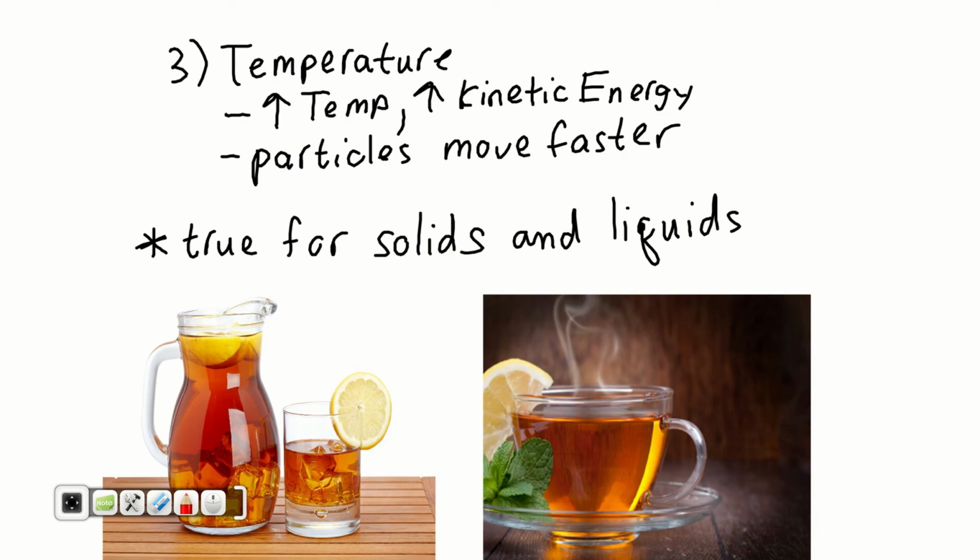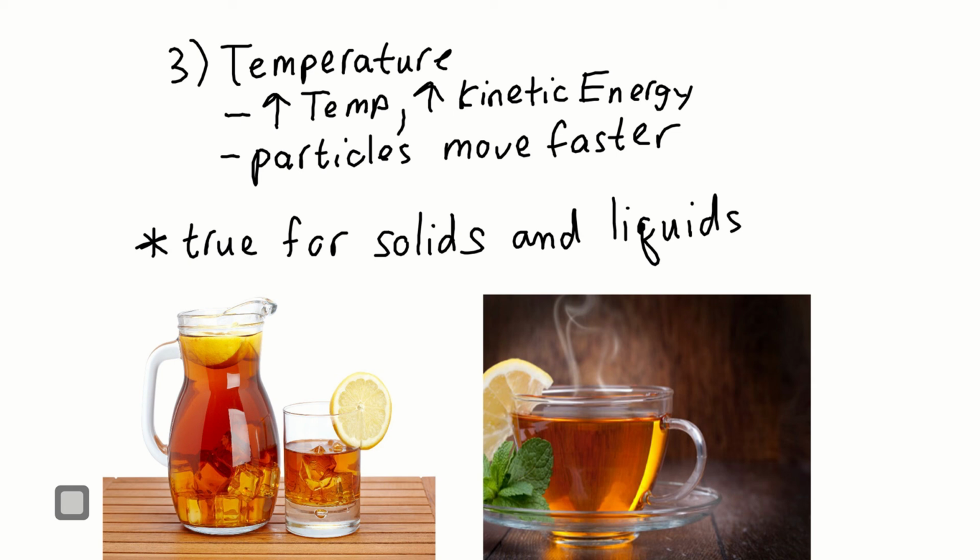Temperature. This is one that we're going to talk about a lot more in another video. Temperature plays a major role in how well things dissolve. With temperature, it's sort of like the agitating, but now you don't have to actually stir it.